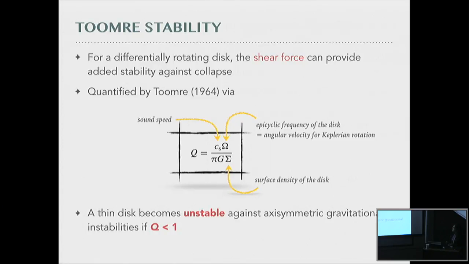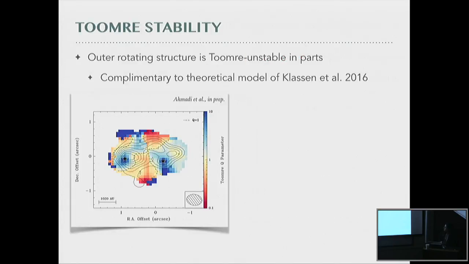And so what I do is I create a Toomre Q map. So in this case, I have assumed two 10 solar mass objects at the positions of my continuum peaks, and assumed Keplerian rotation about these two objects, and I've created two Q maps and then stitched them together.